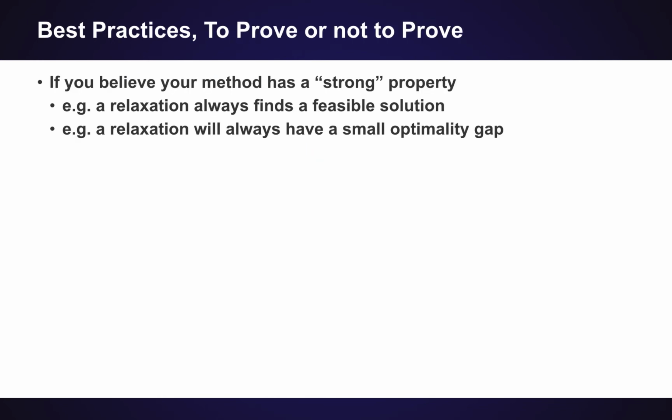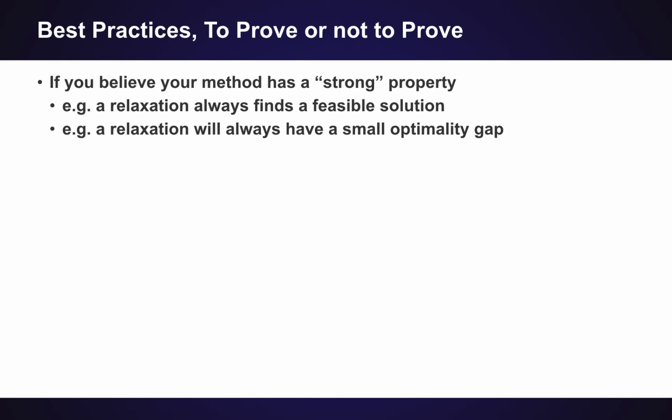Mm-hmm. So an interesting point here is that you need to prove properties, or at least make very strong analytical or empirical arguments for things that you want to claim about relaxations. One thing that's very common is you see some results and you believe that your method has a strong property.